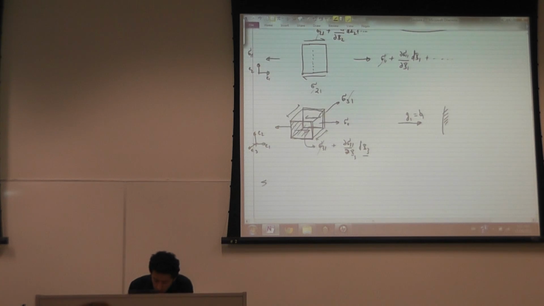The sum of forces in the direction of E1 equal to 0.